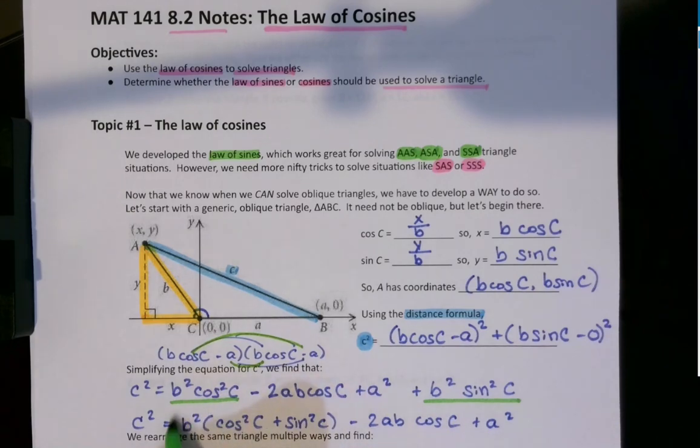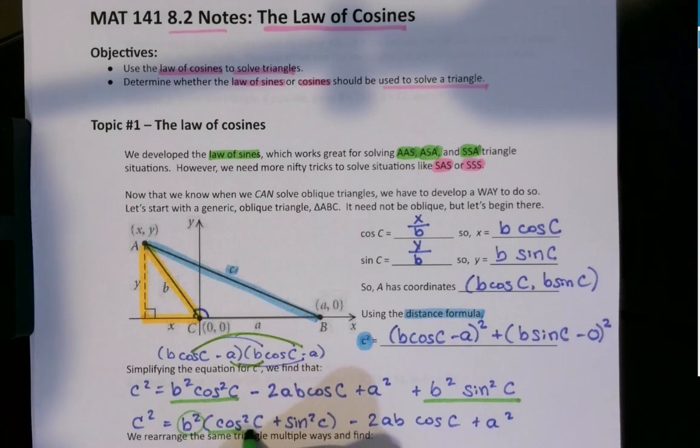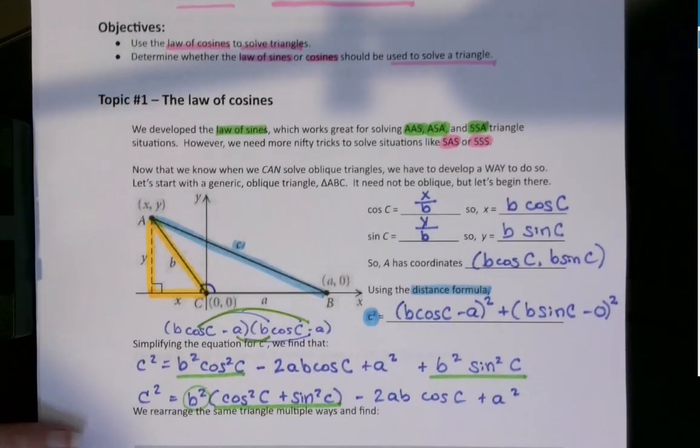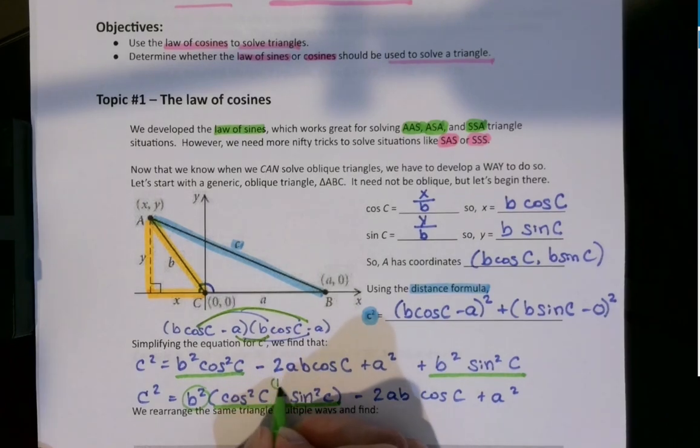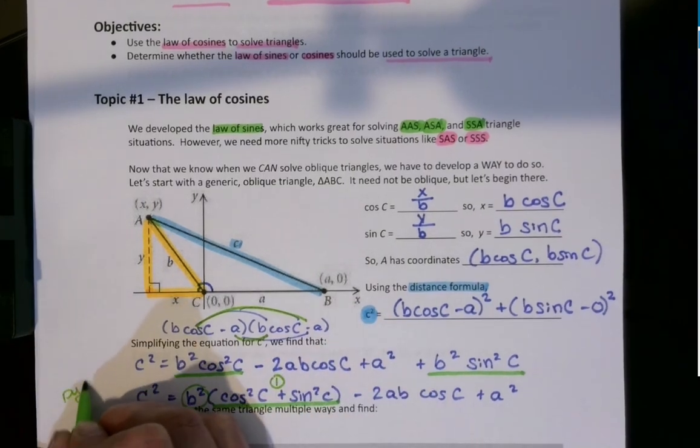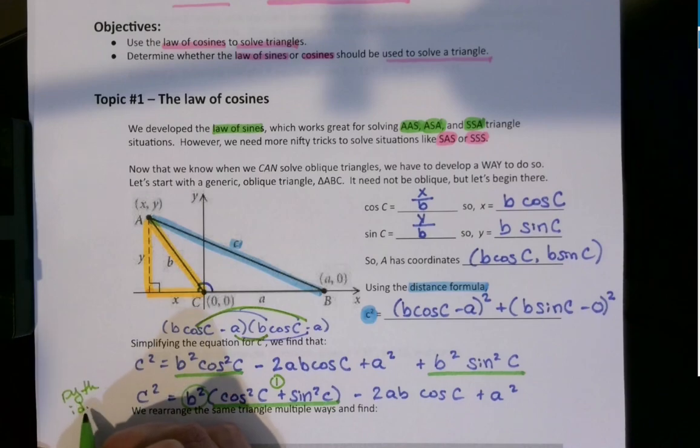Once we've factored b squared out of those two, we've got our cosine squared C plus our sine squared C. We should recognize that as one of our Pythagorean identities. This is equal to 1 by one of our Pythagorean identities.